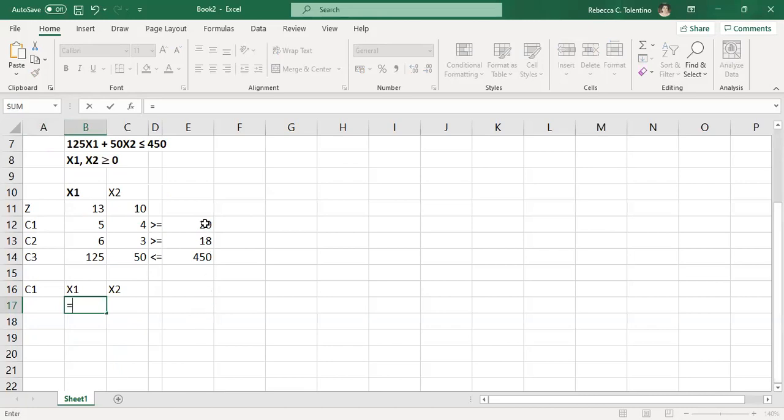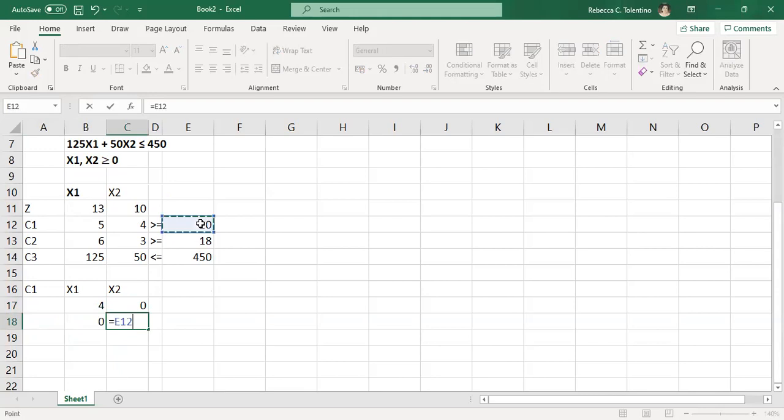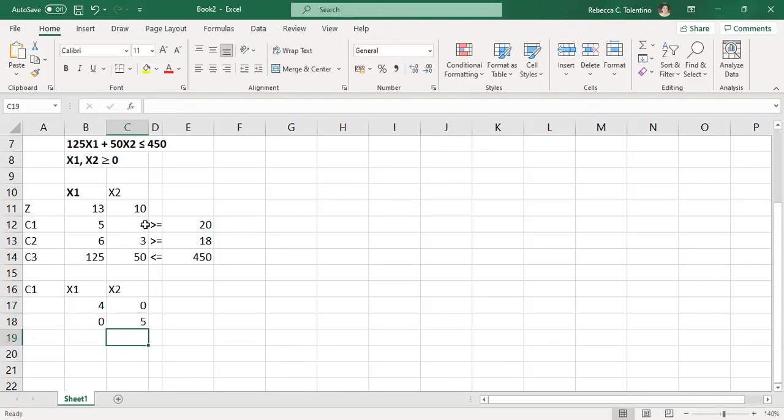We'll just use Excel to do the division for us. If it's an x-intercept, that means x2 is 0. Next, we set x1 equal to 0. This time, we divide 20 by 4, so the intercept is 5.